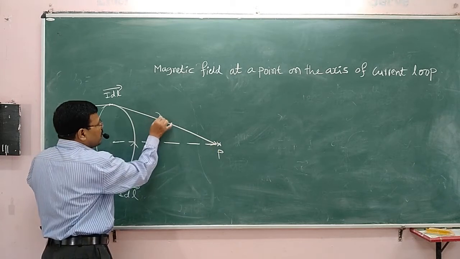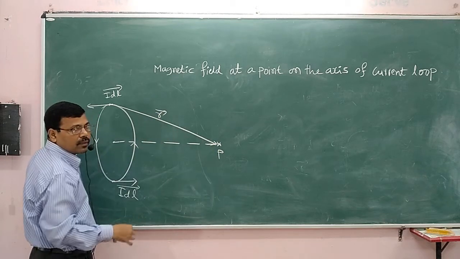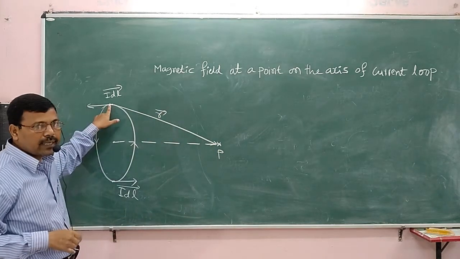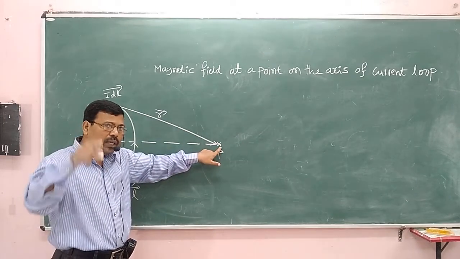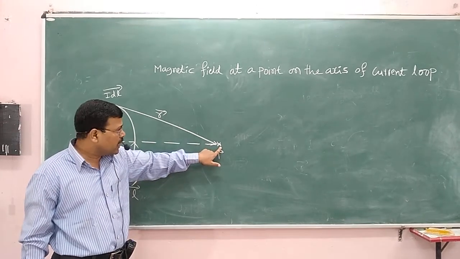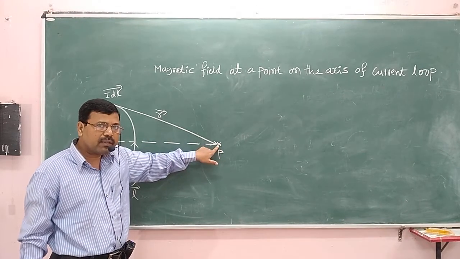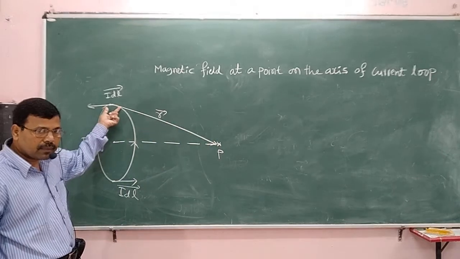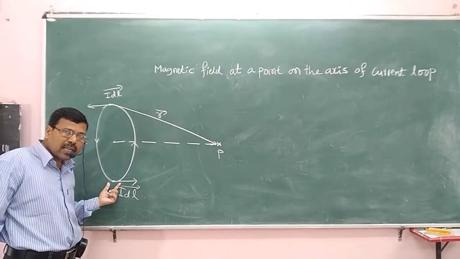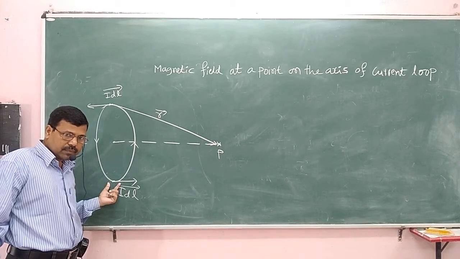This is a position vector R, that is the distance between the current element and the point P. We are interested in calculating the magnetic field produced at the point P due to this current element and due to this current element as well. Right?